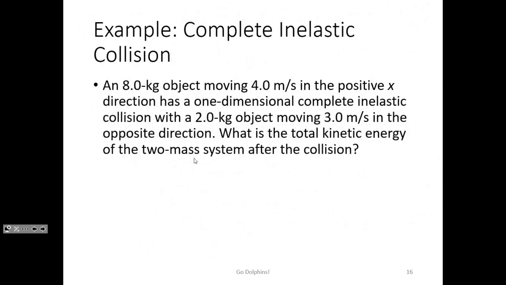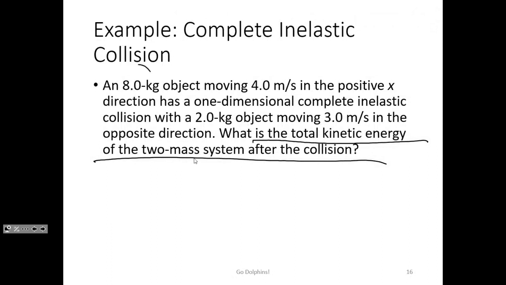Okay, now let's do a completely inelastic collision problem. It's very similar. Same initial condition. Now it's just after the collision, we don't know the velocity of either of them. It asks for the total kinetic energy of the system after the collision. But anyway, it's a collision, right?